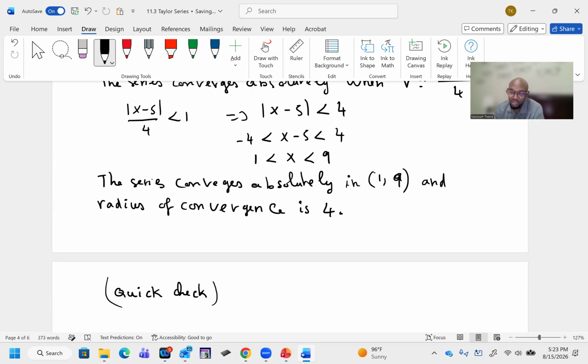We can see the series diverges at x is equal to 1. I gave you the answer, but I want you to practice checking that at x is equal to 1 and x is equal to 9. You can do that yourself. Okay?